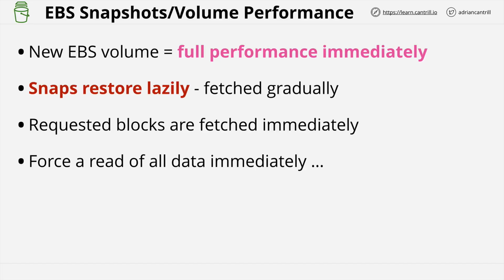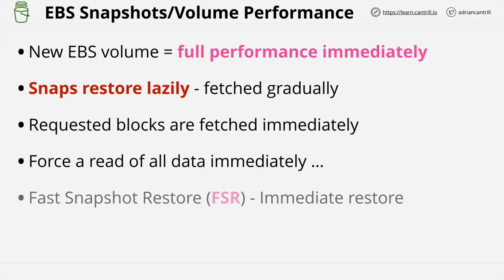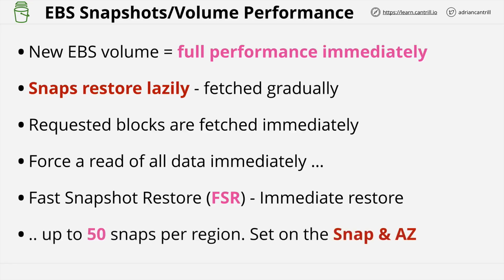Now, historically, that was the only way to force this rapid initialization of the volume, but now there's a feature called Fast Snapshot Restore, or FSR. This is an option that you can set on a snapshot which makes it instantly restore. You can create 50 of these fast snapshot restores per region, and when you enable it on a snapshot, you pick the snapshot specifically and the availability zones that you want to be able to do instant restores to.